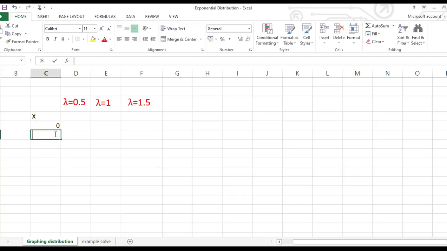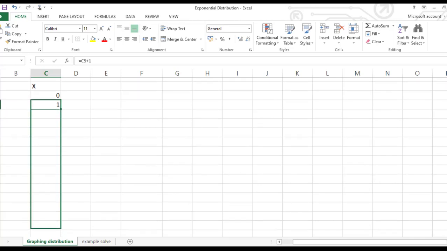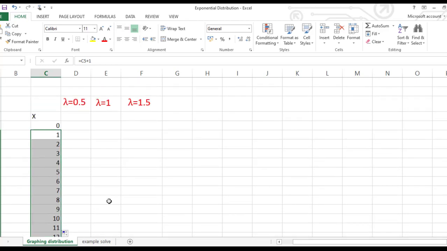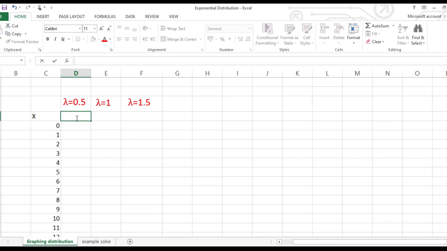I'm just going to drag it down and make it to 20. Now let us write down the corresponding probabilities for each outcome. Okay.